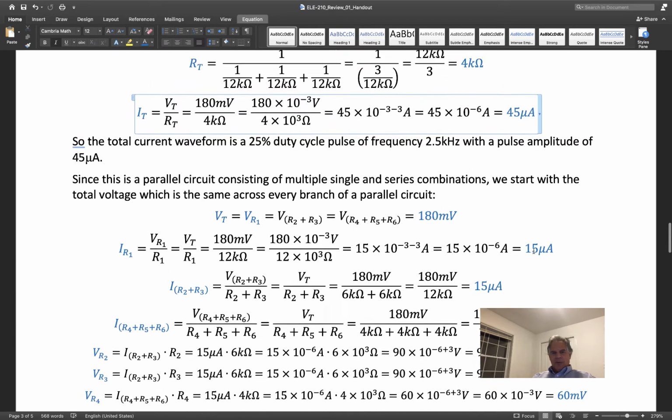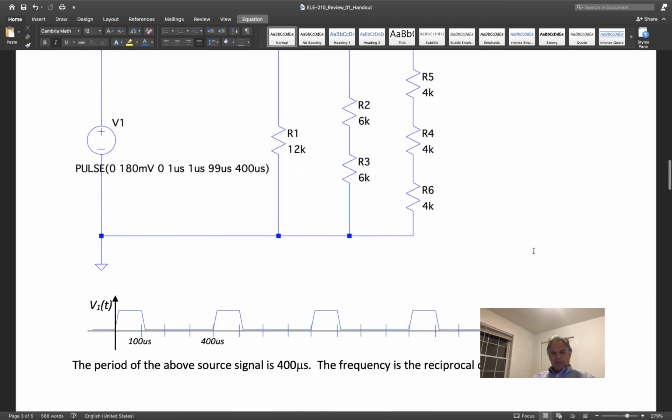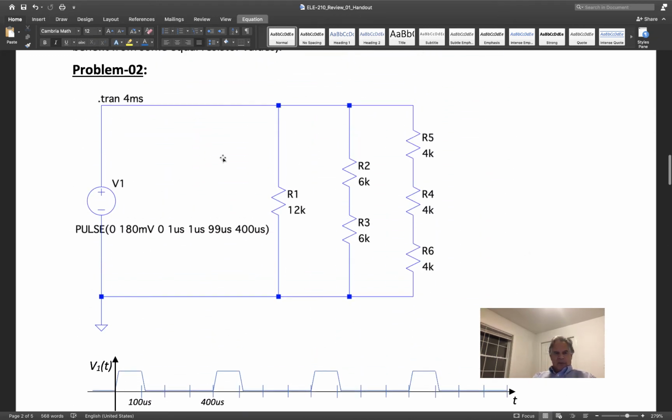So all the parallel branches up here, everybody up here sees a 180 millivolt pulse at 2.5 kilohertz with 25% duty cycle from the top to the bottom of R1, from the top of the series combination of R2 and R3 to the bottom of that combination, and from the top of the series combination of R4, R5, and R6 to the bottom of that combination.